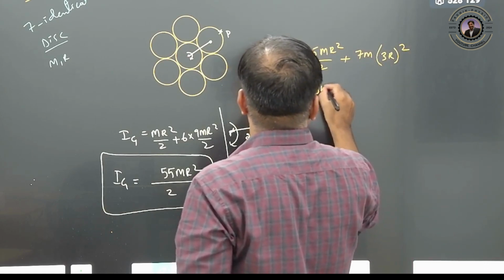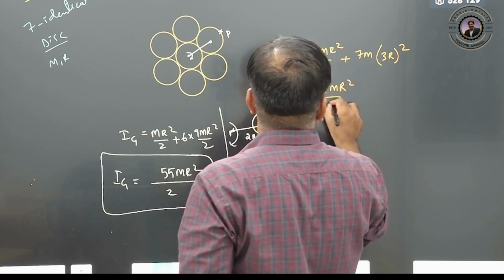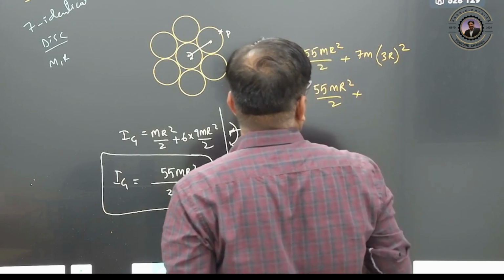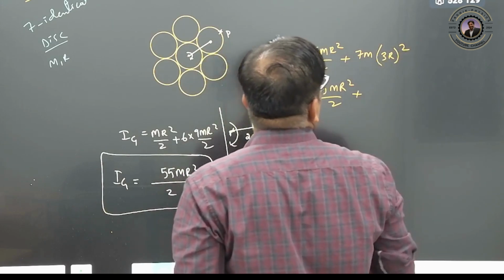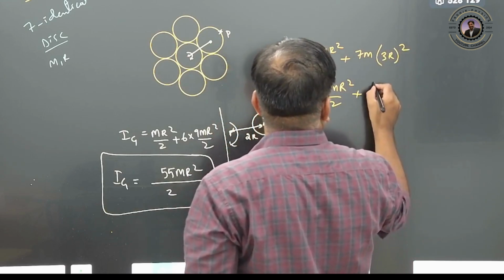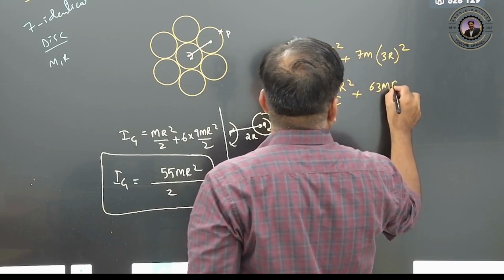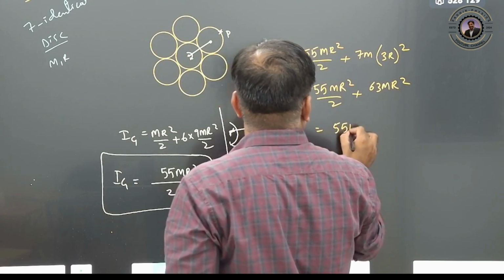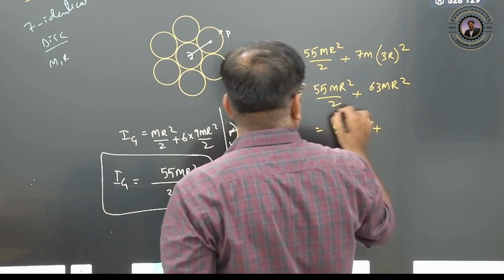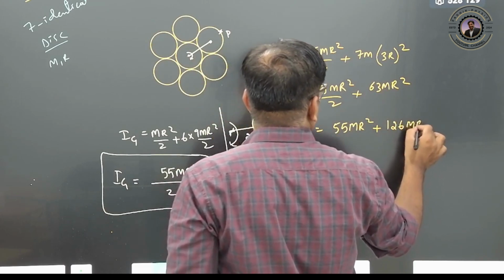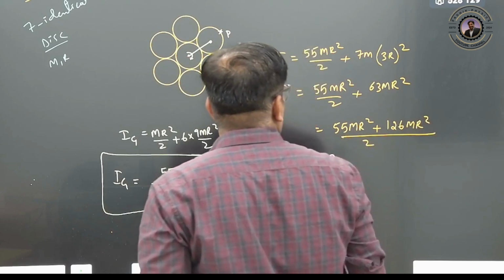So what do you get? 55 mr square by 2 plus 7 times 9, since 3 square is 9, so it is 63 mr square. You can multiply this, so 55 mr square plus 126 mr square, all by 2. 126 means how much?